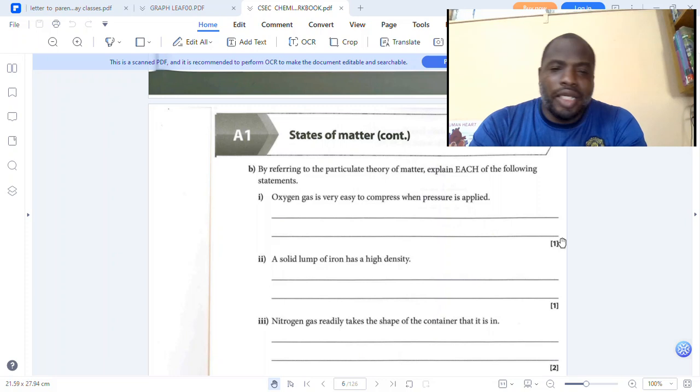Now, oxygen gas. And let me pause right here to take into consideration, this is another type of compound. It's actually a covalent compound. It's actually one that we call a diatomic element. What do we mean by that?